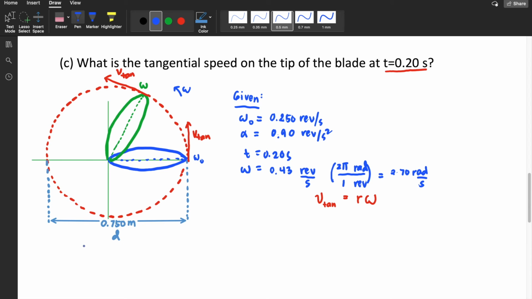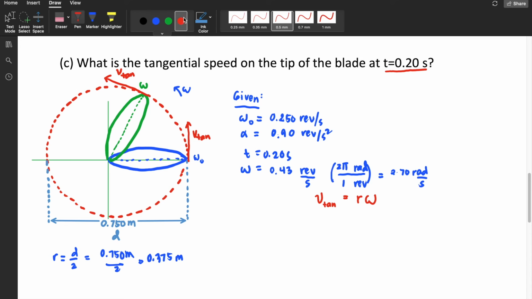Okay, so next, the only thing that is given is ang diameter sa blades. So all we have to do is divide this diameter by 2 in order to get the radius. So you'll have here radius, half of it, is simply 0.750 meters divided by 2, which is equal to 0.375 meters.